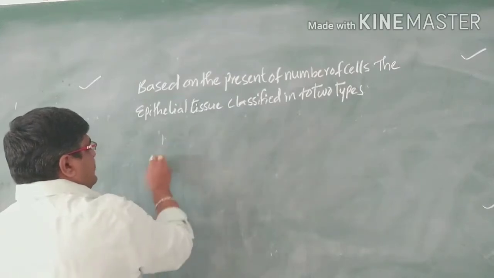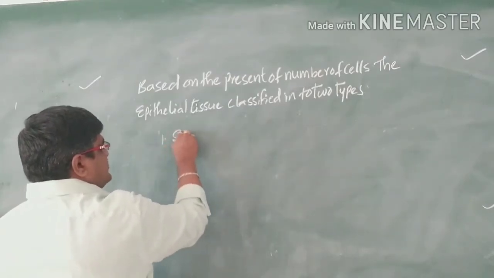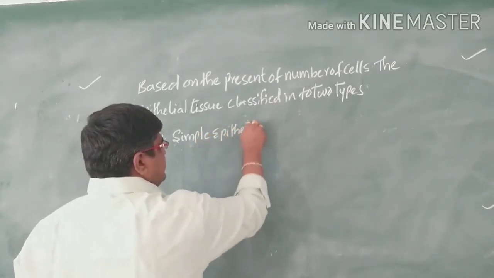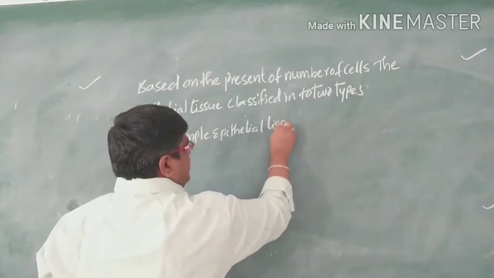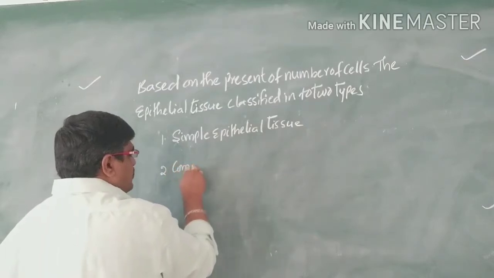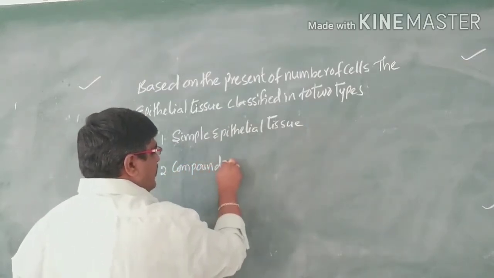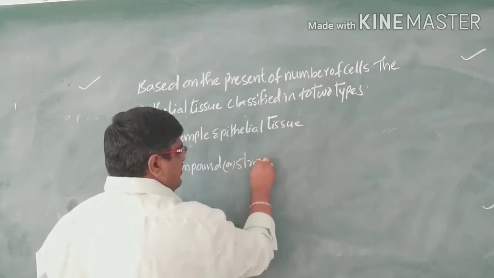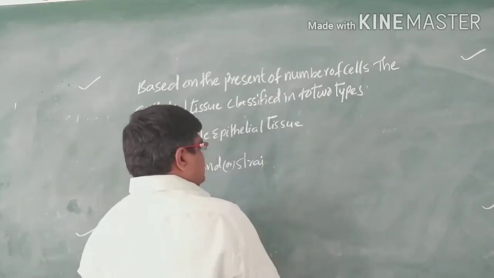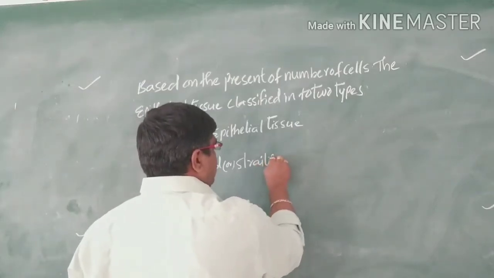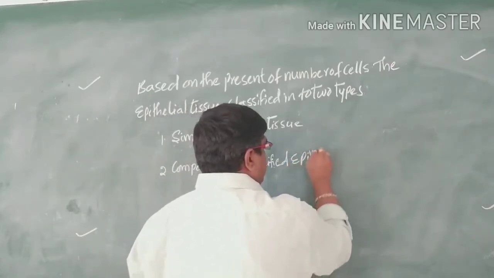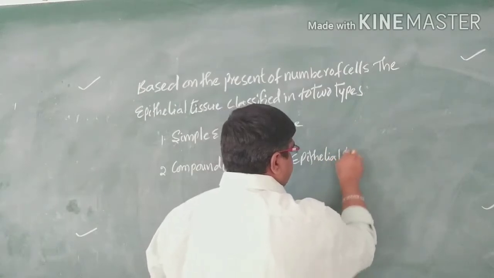The first one is the simple epithelial tissues, and the second one is the compound or stratified epithelial tissues.